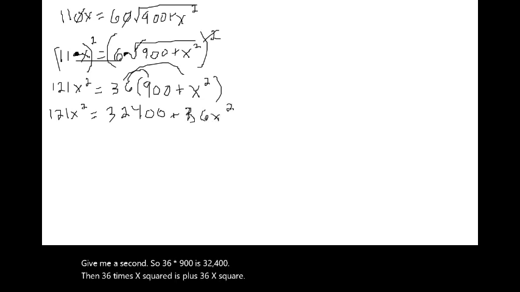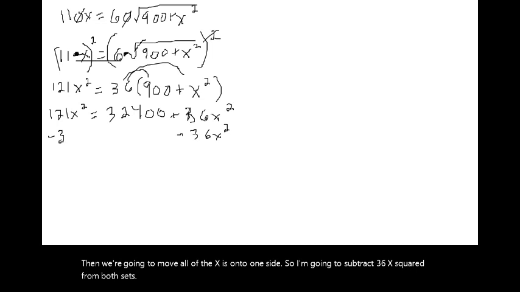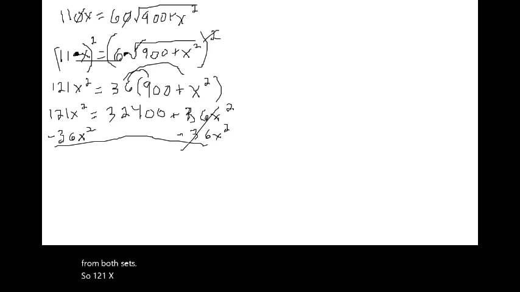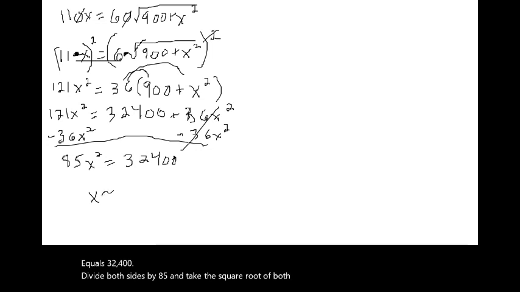Then we're going to move all of the x's onto one side, so I'm going to subtract 36x squared from both sides. So 121x squared minus 36x squared is going to be 85x squared equals 32,400. Divide both sides by 85 and take the square root of both sides. We get x is approximately equal to 19.52.